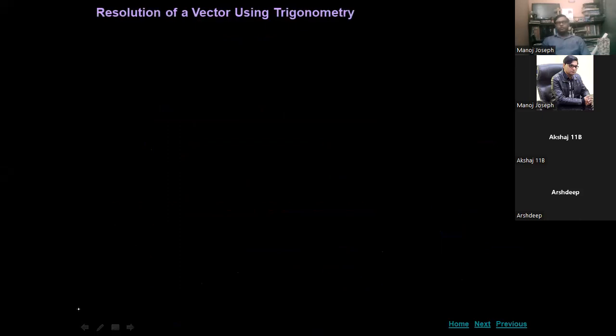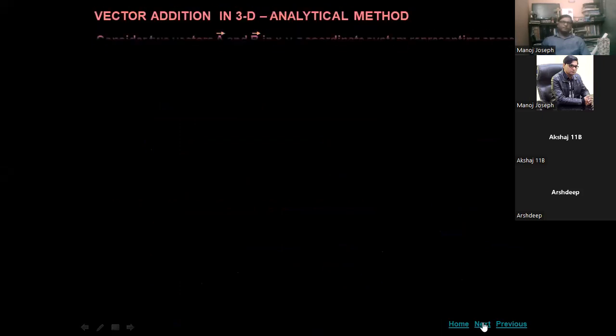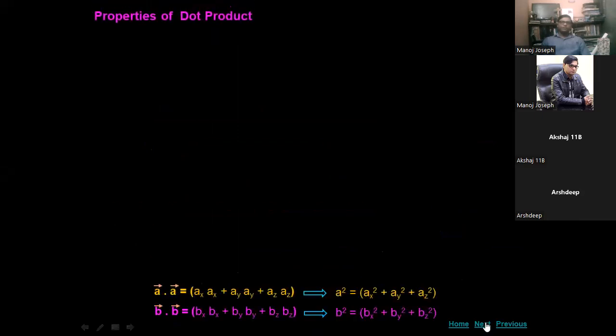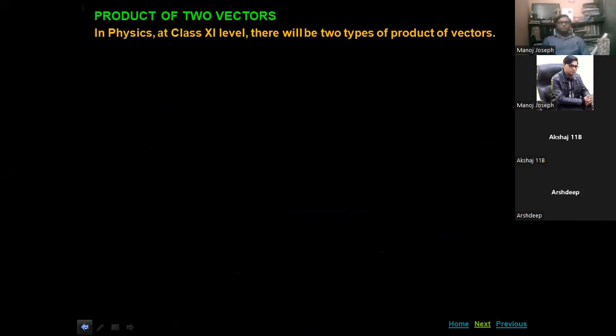Resolution of vector using trigonometry. So we will pass it and come to the last portion, product of vector. We learned how to add two vectors or more than two vectors using different laws: triangle law, parallelogram law, and the polygon law.